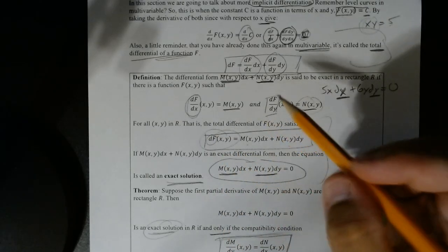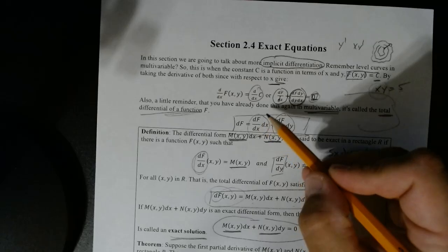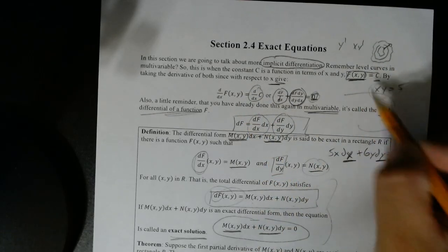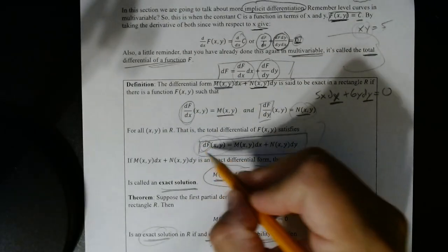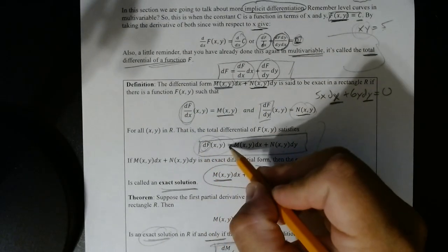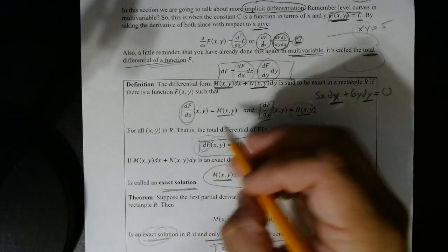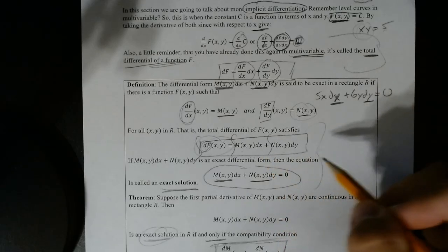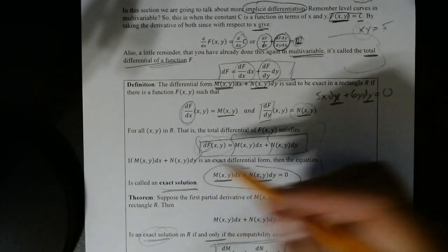My goal is to find the original f function that made this work. In other words, back up to here. This is df, so the derivative. To cancel out the derivative, we have to take the integral of both sides with respect to x and y respectively. That's exactly the goal here.